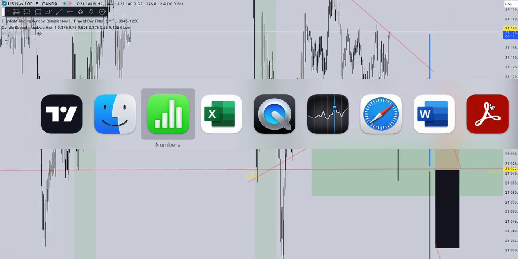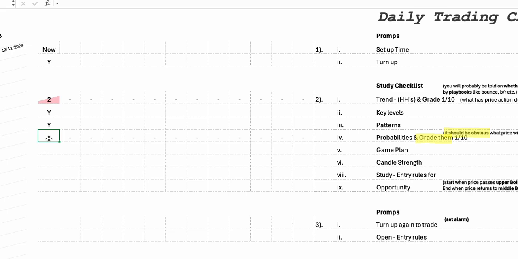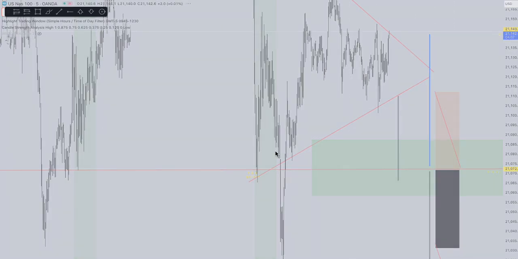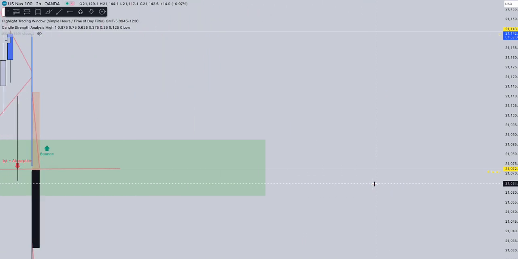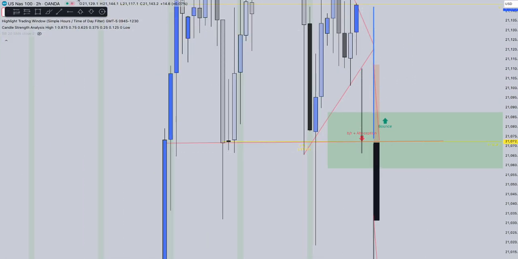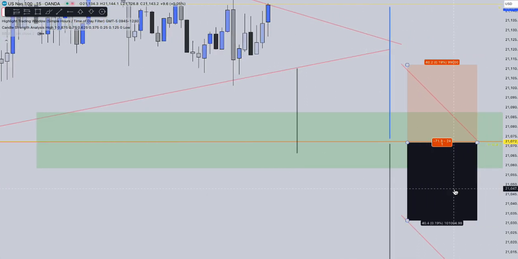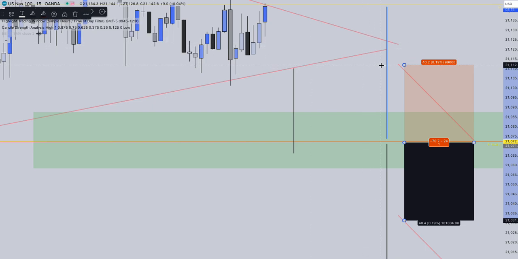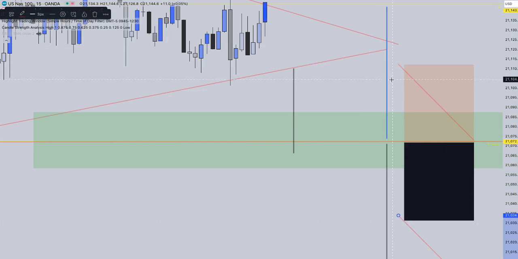Okay, probabilities of this one here. I think that's rather high. I'll actually move this back down here. Change them to interval and below. Same with that, and same with that.